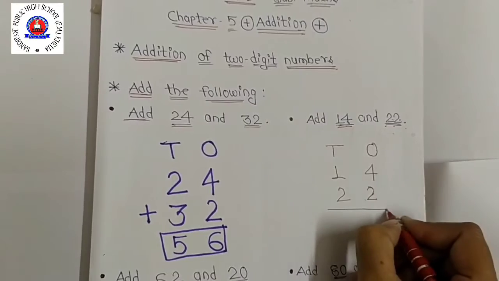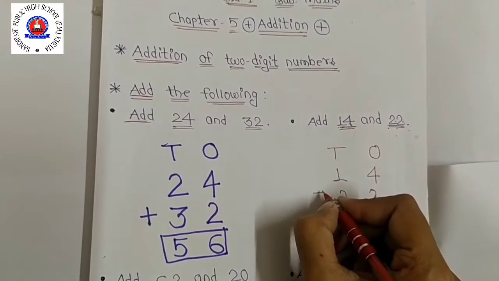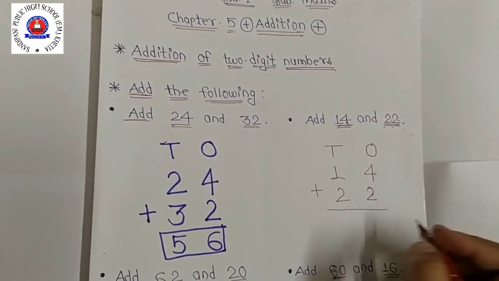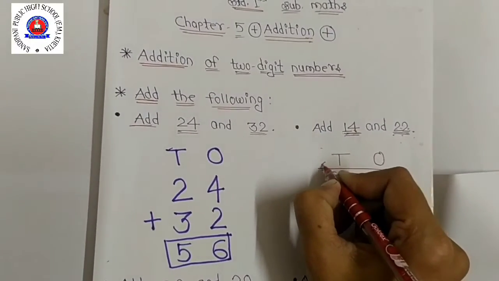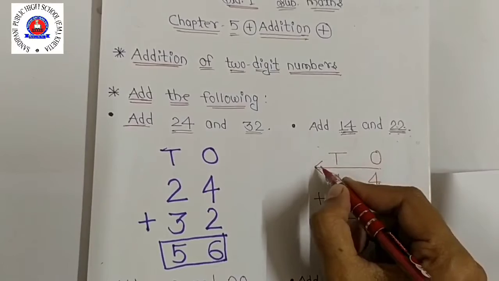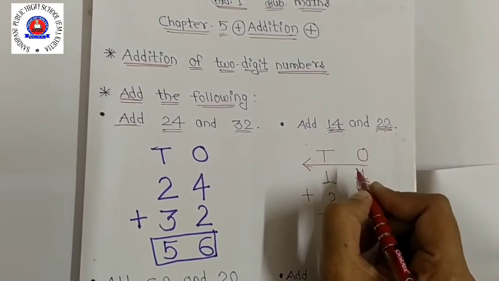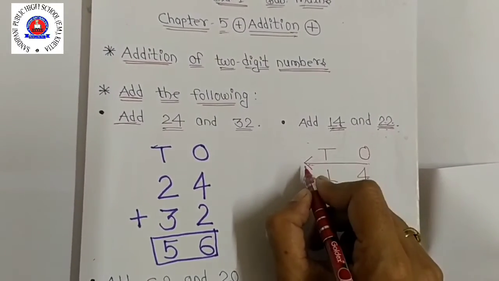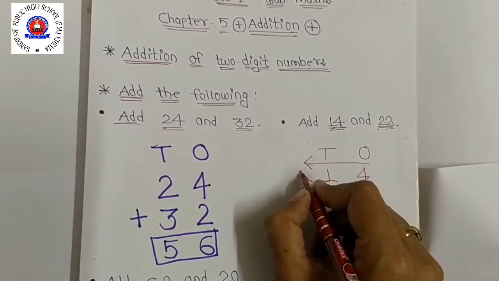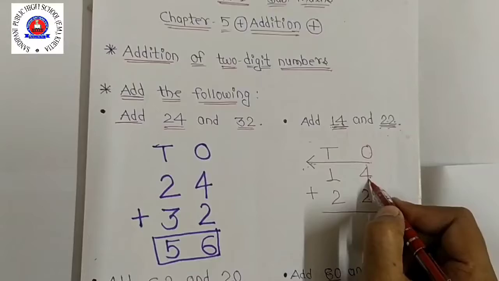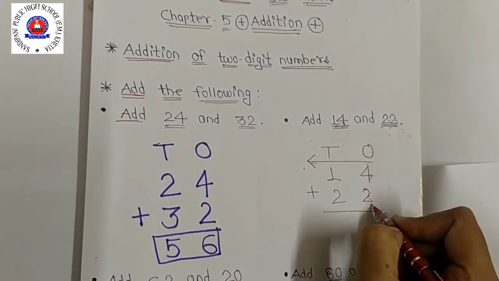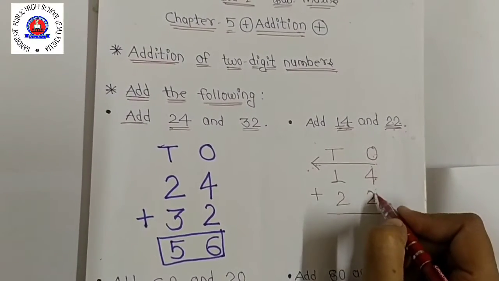Now put the plus sign, because we are doing addition, and draw a line. This arrow indicates that we have to start from right to left. First we always add the ones column digits. Clear?